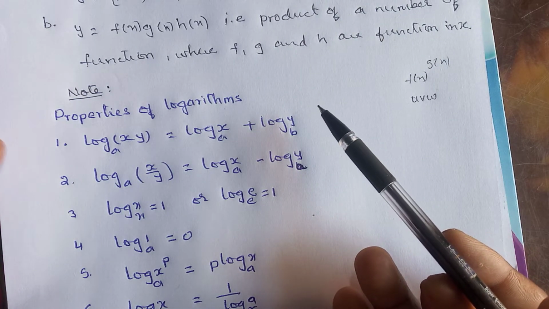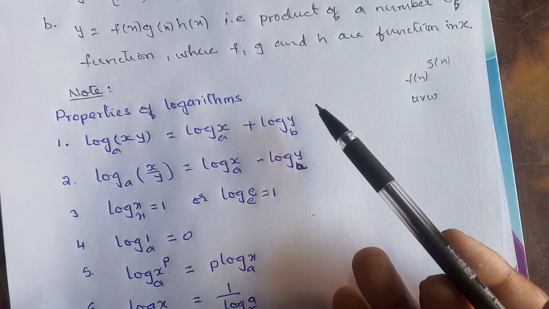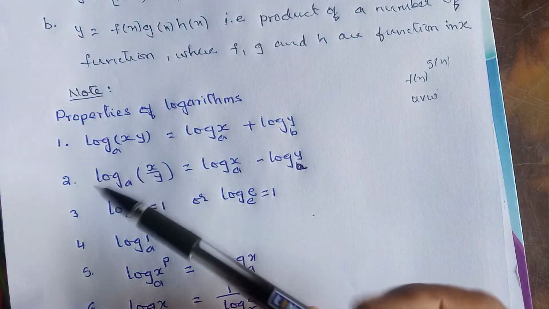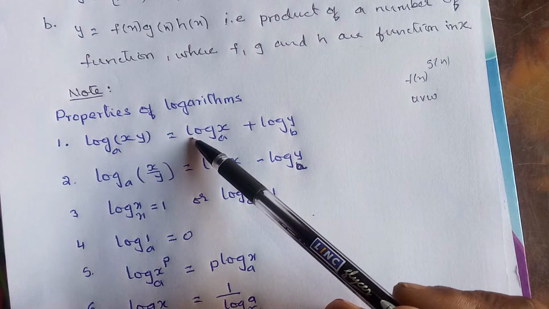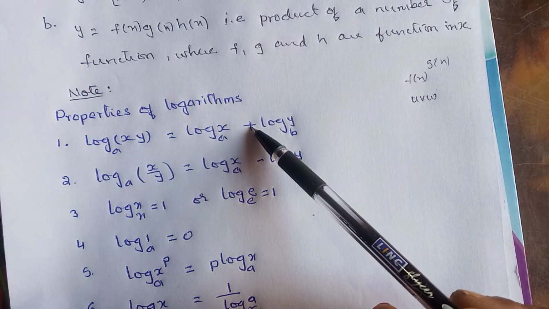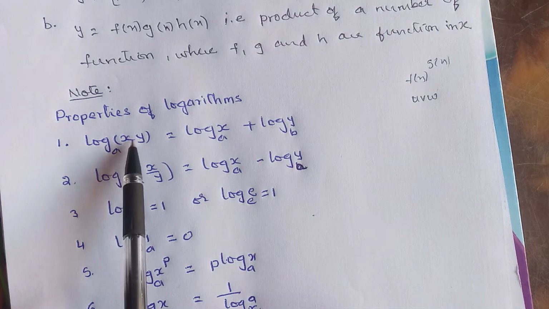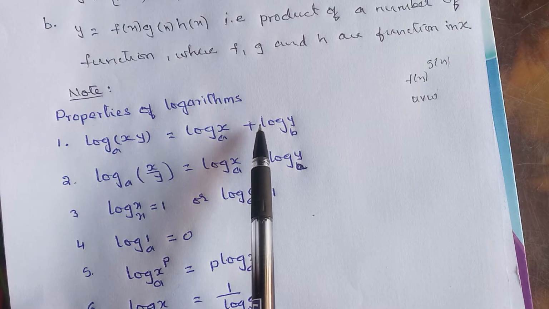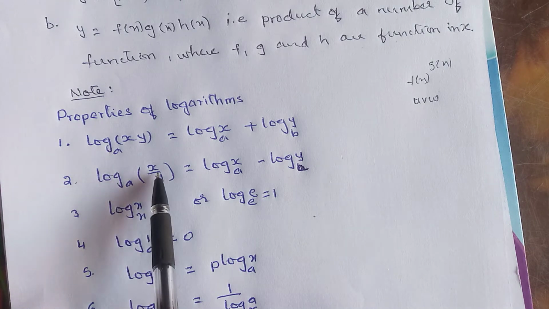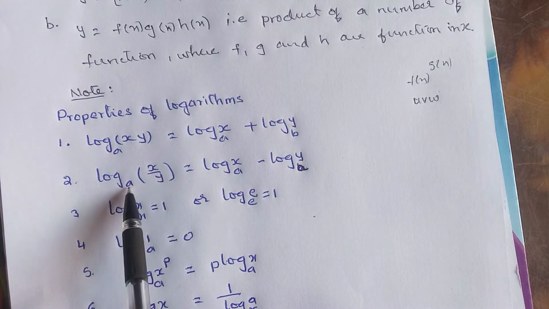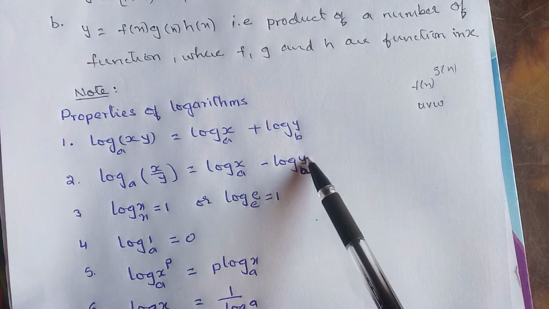For our convenience, we have used seven properties of logarithms. The first property is log xy to the base a equals log x to the base a plus log y to the base a. Whenever a logarithm is of a product, when you split it, it becomes addition. Now for division, log x by y to the base a equals log x to the base a minus log y to the base a.